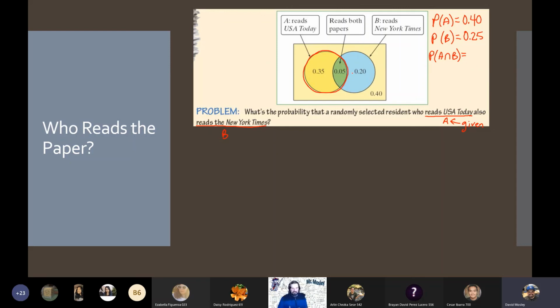They have an intersection, which is where this 0.05 is part of both proportions. The intersection itself is the 0.05, probability of A and B. Any questions on how I got these probabilities based on the Venn diagram?